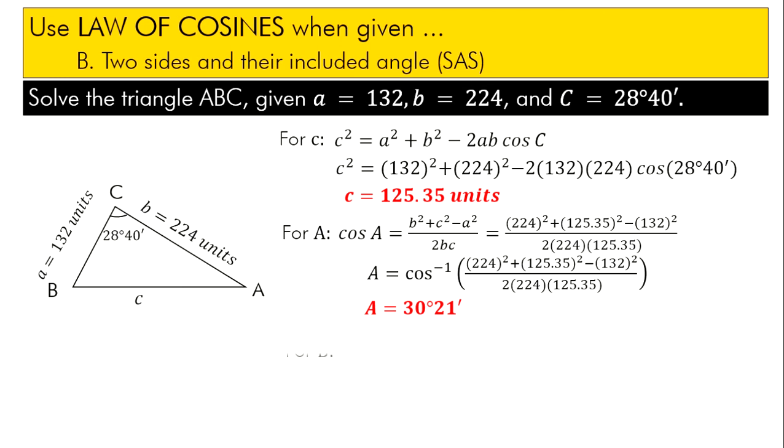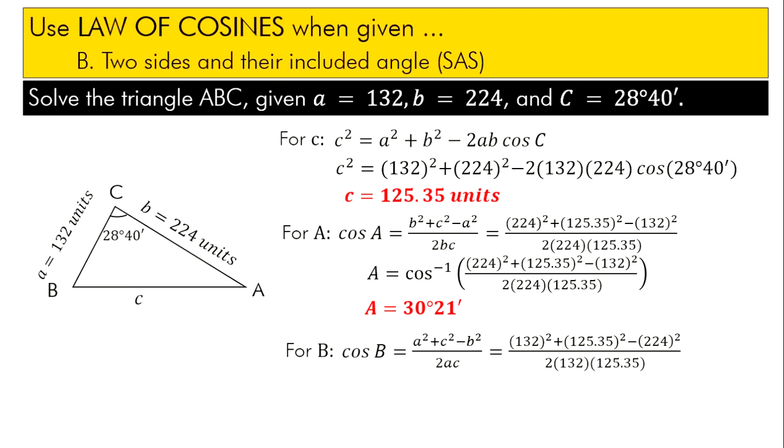For angle B, again, you can use the cosine law and manipulate that, or you can use the fundamentals: the sum of the angles of the triangle is 180 degrees. It depends on you. If you use this, substitute again the three sides and get its inverse: cosine inverse of 132 squared plus 125.35 squared minus 224 squared all over 2 times 132 times 125.35.